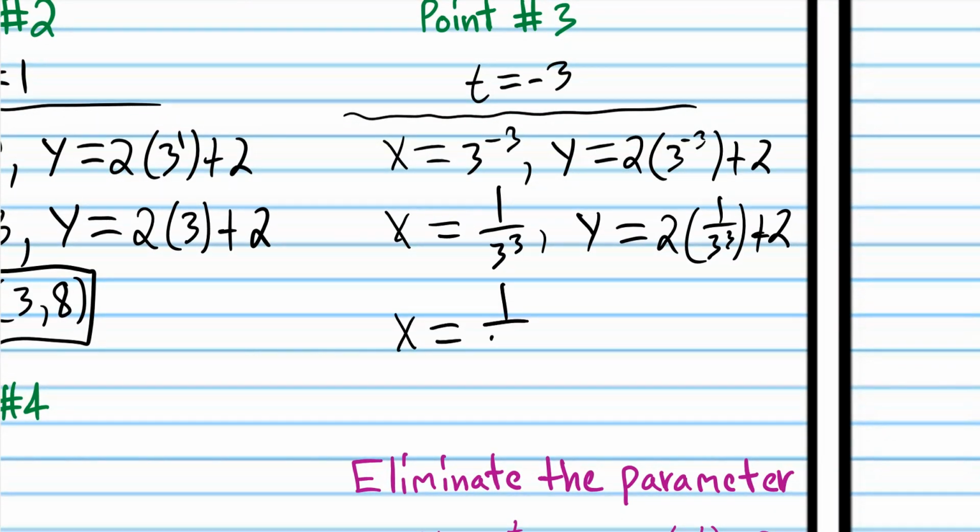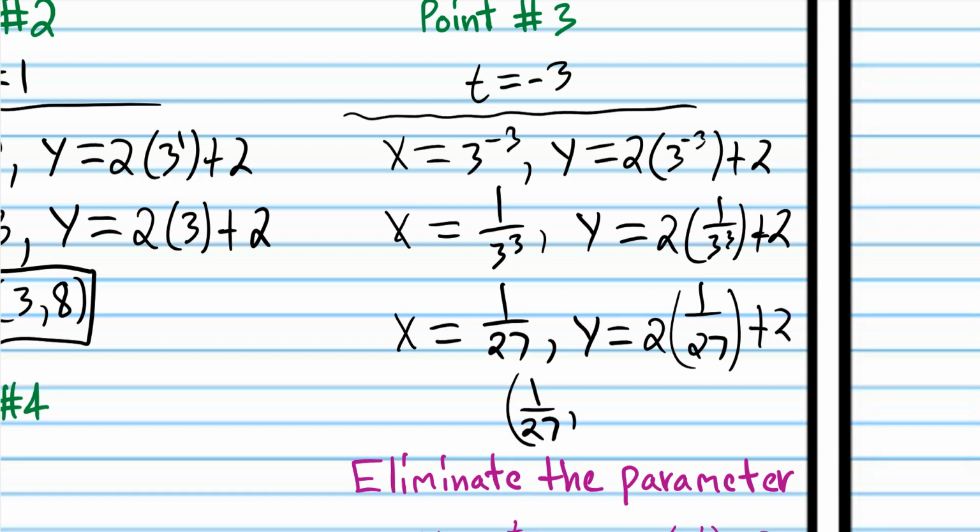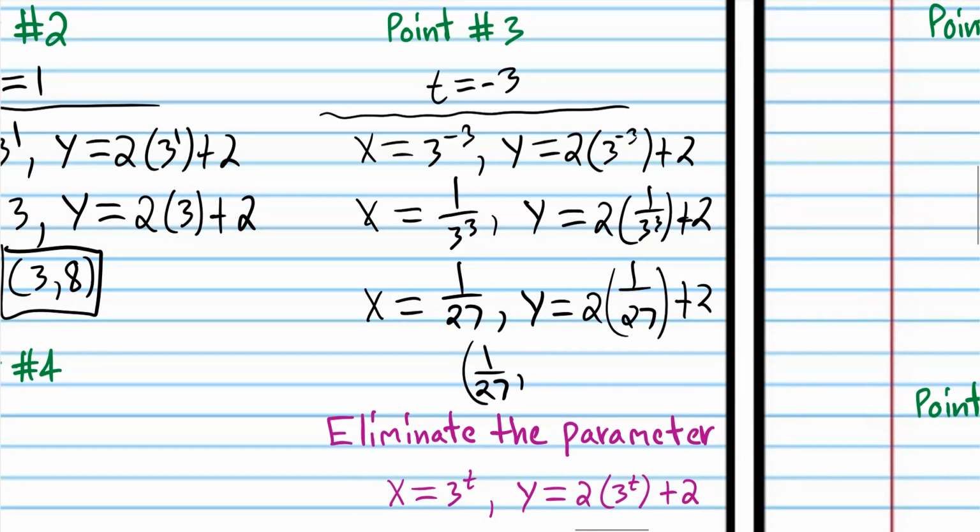So that's 1 over 27, and y equals 2 times 1 over 27 plus 2. So the point that we're looking for is 1/27th and 2 and 2/27.